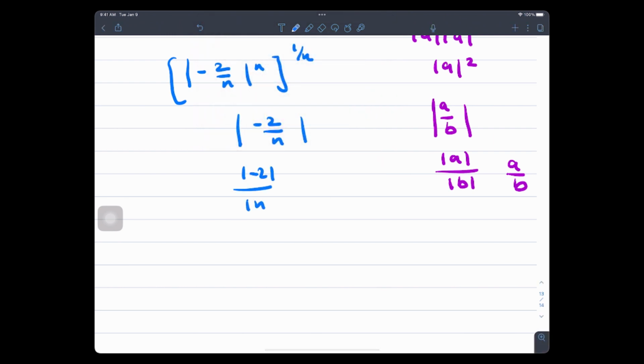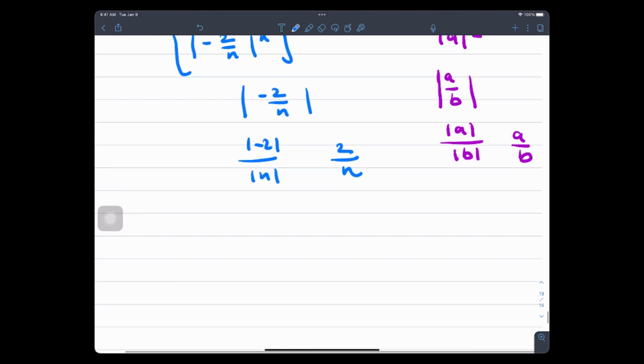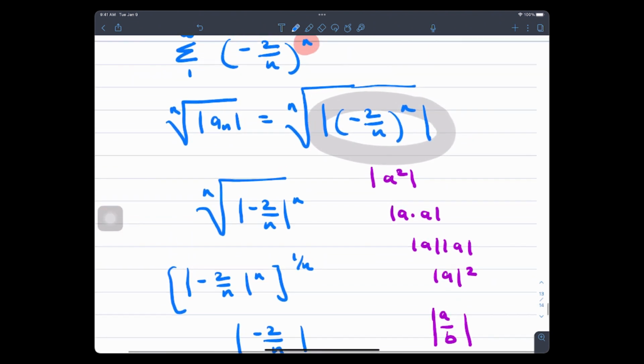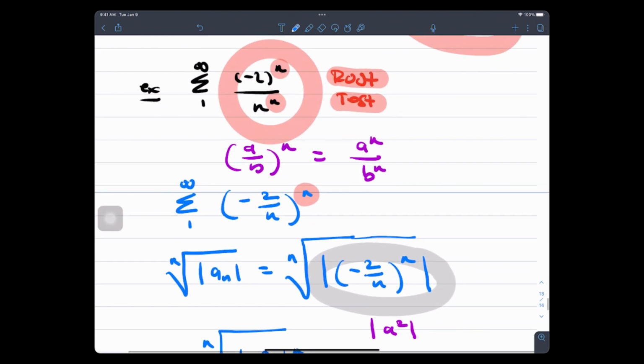Absolute value of 2, absolute value of n, that's 2 over n. So what you're seeing is all the gory detail that tells you the nth root of the absolute value of an is really just 2 over n. This is all the justification of what just happens here. Okay, there's a little bit of algebra there.